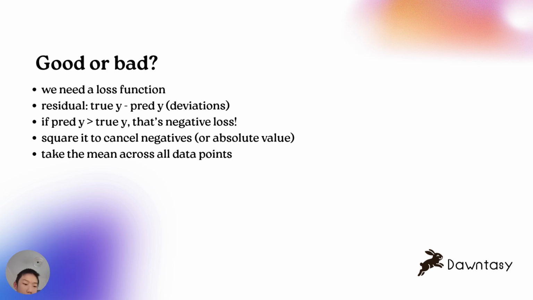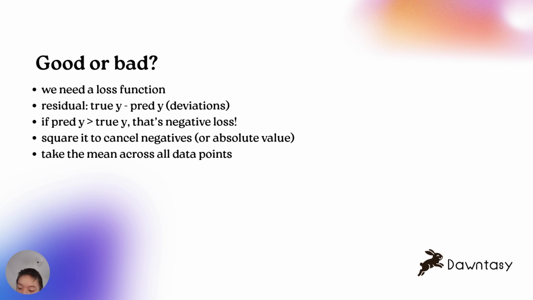But there's obviously a problem, because if the predicted y is larger than the true y, that's negative loss. So it turns out that negative loss, because it's very low, ends up looking very, very good. So the model will be encouraged to make large predictions.